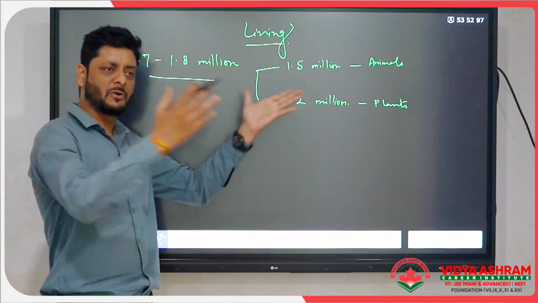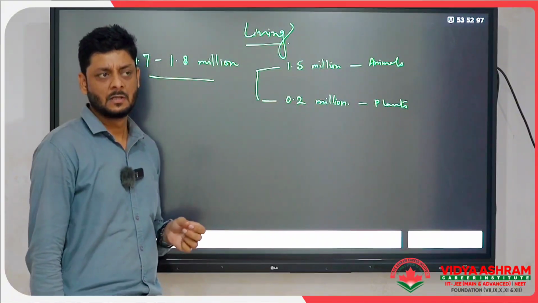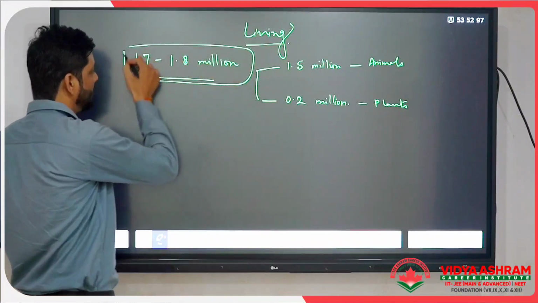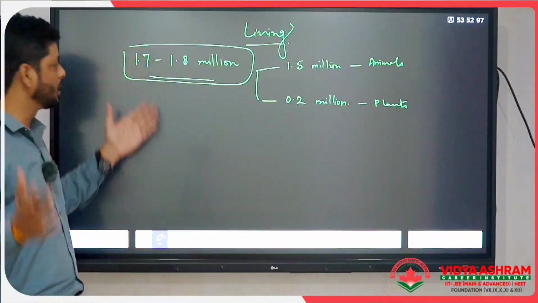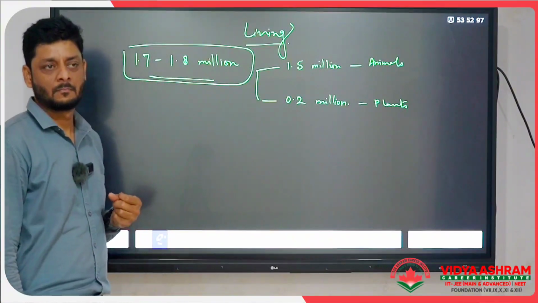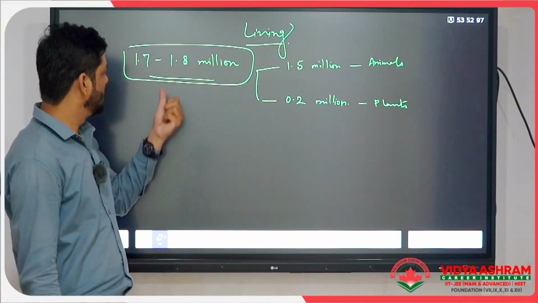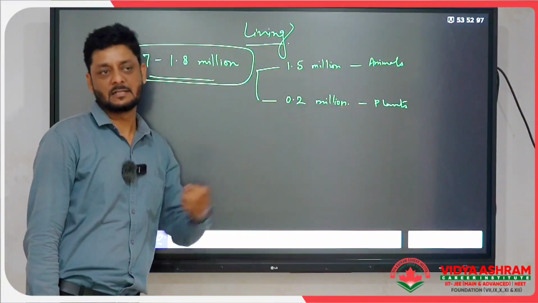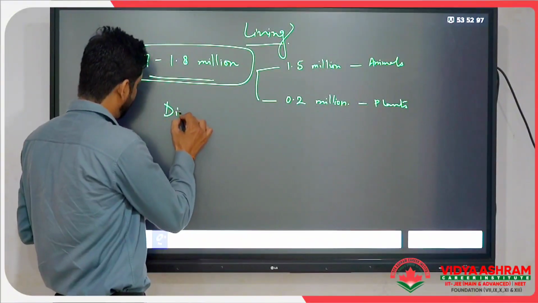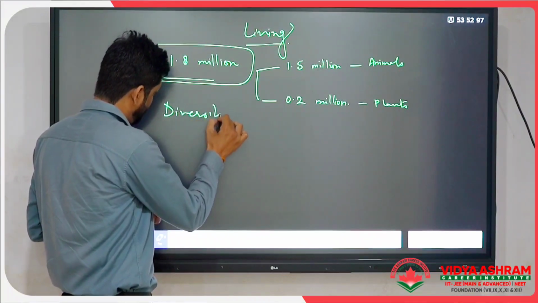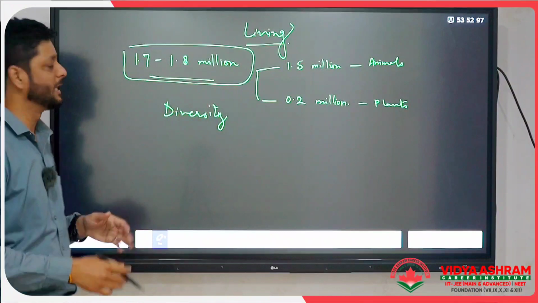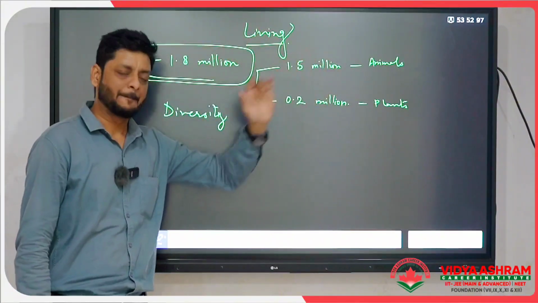Because there are a lot of organisms around us, this large number in the living shows the diversity. This is called the diversity. So there is a very huge range of diversity among the living around us.